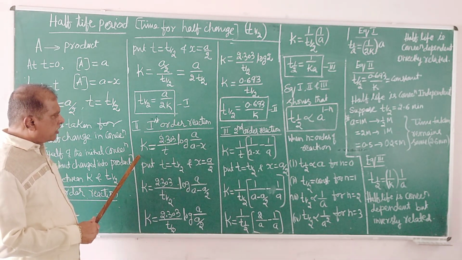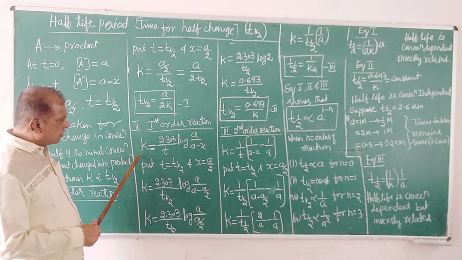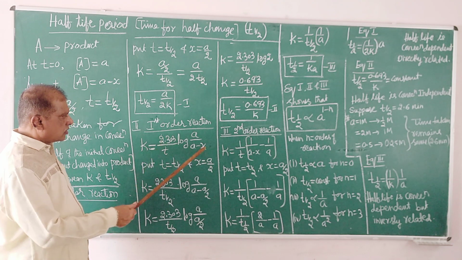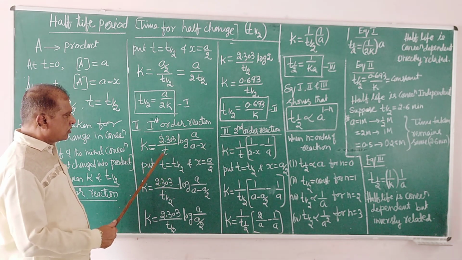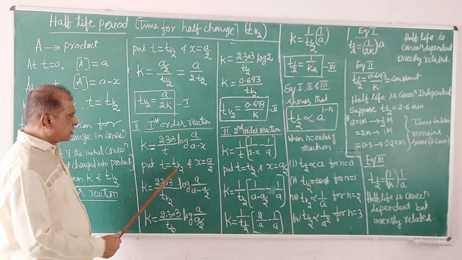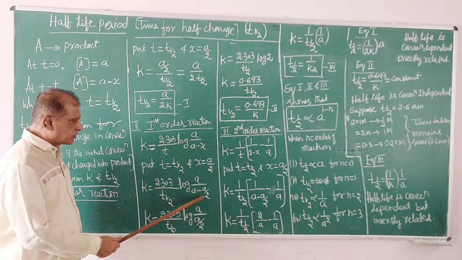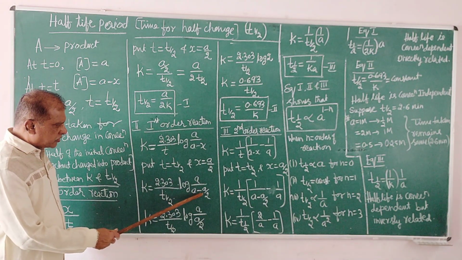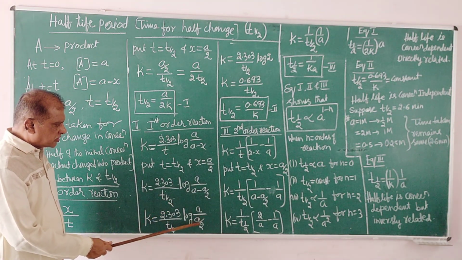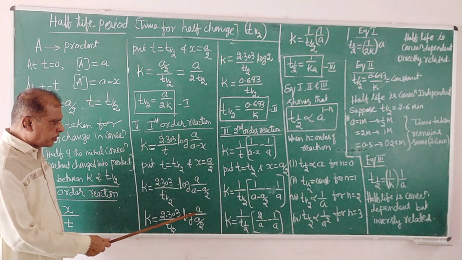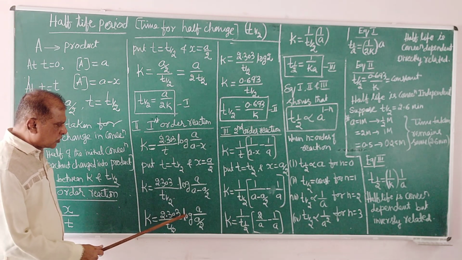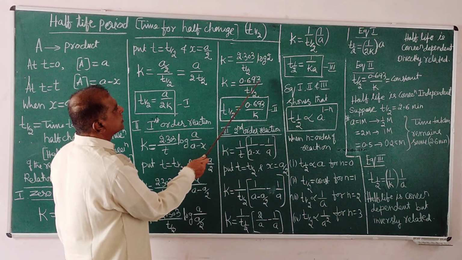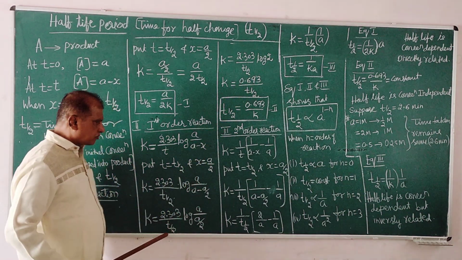Let us see what we get after simplifying for first order when you put these values into this equation. x equals a by 2, t equals t half. Here a minus a by 2 is a by 2, and simplifying, a cancels and 2 goes to the numerator. 2.303 into log 2 is 0.693, with t half in the numerator.